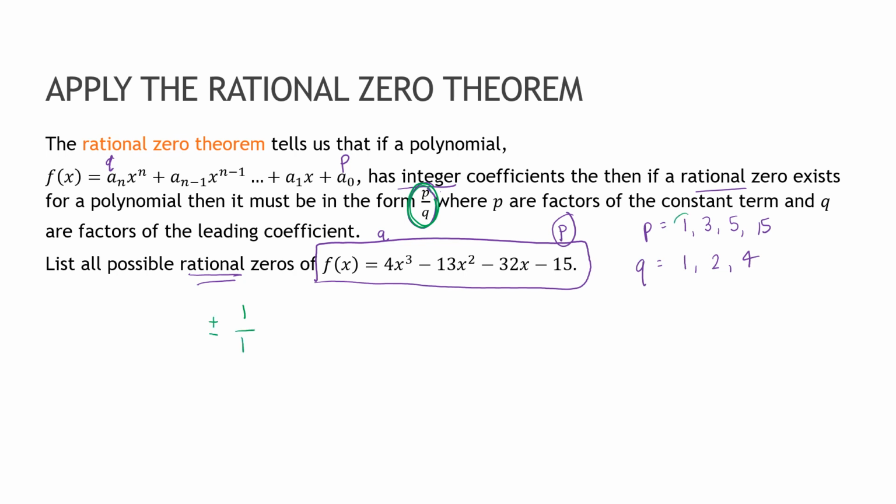So I'm using 1 over 1, 1 over 2, and again 1 over 1 I can just write as 1, so there's no reason to write it as a fraction if it's not, and 1 over 4, so plus or minus 1 over 4. What else? Well, now I can do the same with 3. 3 over 1, which is just 3, 3 over 2, which is 3 halves, and 3 over 4.